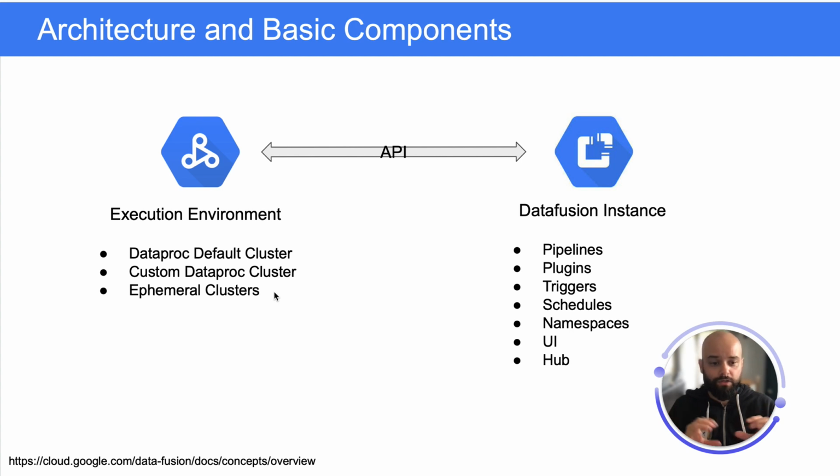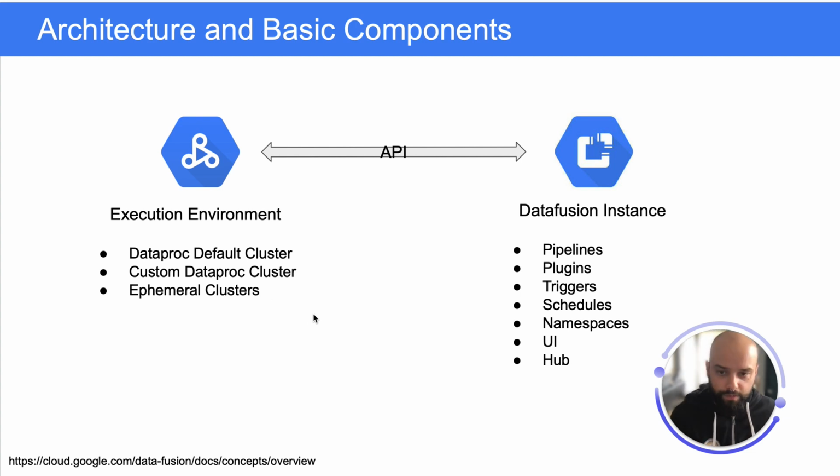Let's say our cluster is deactivated for saving costs because there is no workload and we don't want to have it on being charged for that. Datafusion will start a pipeline and then the cluster will be turned on, so it will come live, and then we do the data processing, deliver everything, and then the cluster is shut down. This is for us to save money, save costs, right? And we just use it when we need, right?